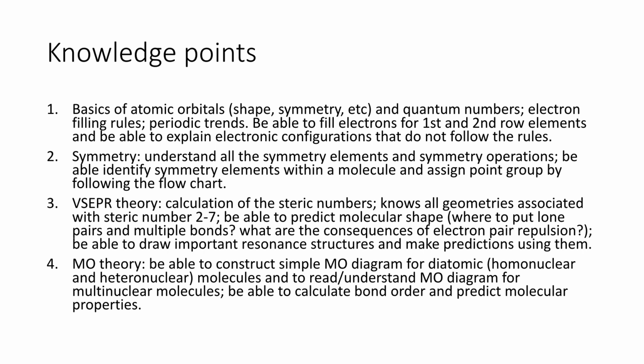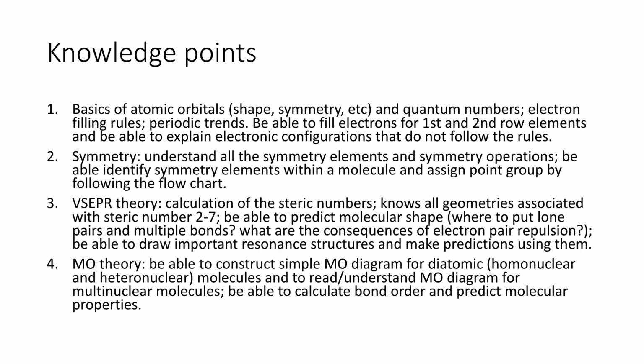And once you can do that, you can calculate the number of lone pairs on the central atom, and you add up the lone pair and the ligand atoms, you can come up with the steric number. You should remember very well all the geometries associated with steric numbers 2 to 7.